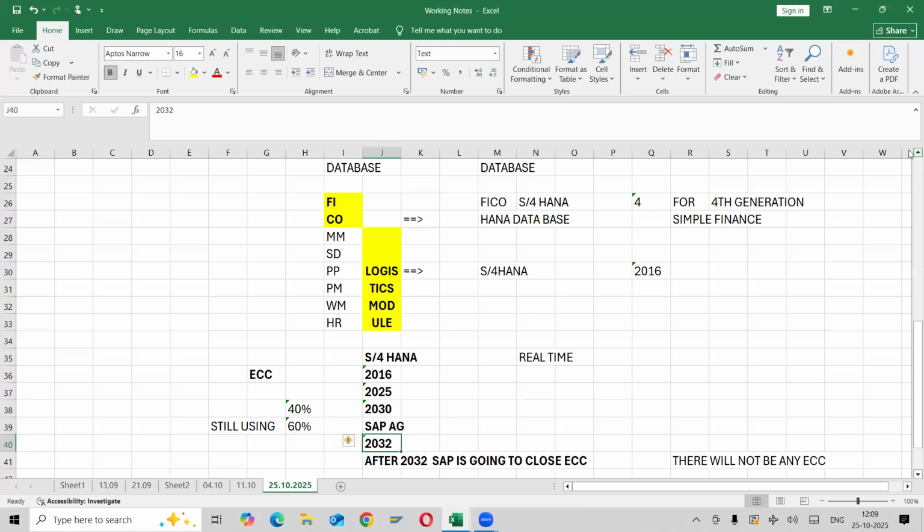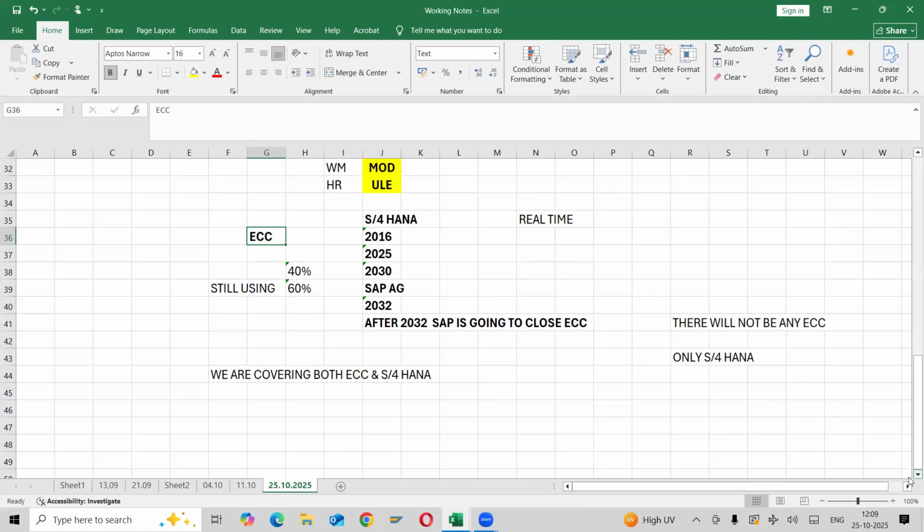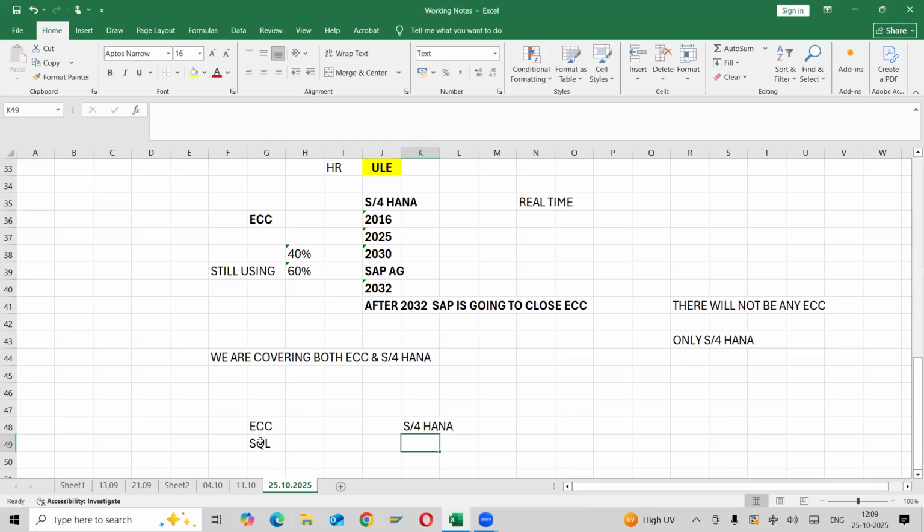SAP has its own tool. For example, in ECC they are using a SQL database, and in S4HANA they are using the HANA database.